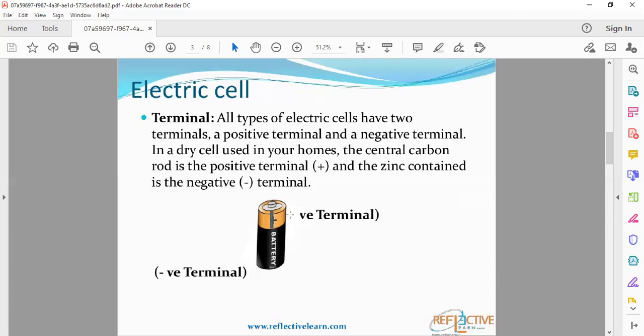On one side we use the metal cap and for the other cell we use the negative terminal. The appliances work only if positive and negative terminals are set in such a way that they combine with each other. Otherwise, the remote will not work if we put both the positive or both the negative terminals on one side.